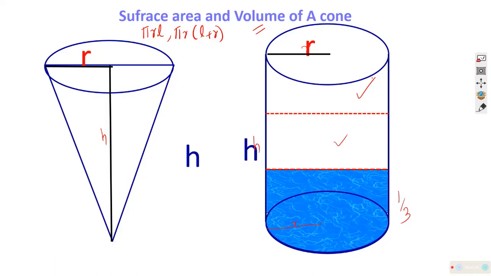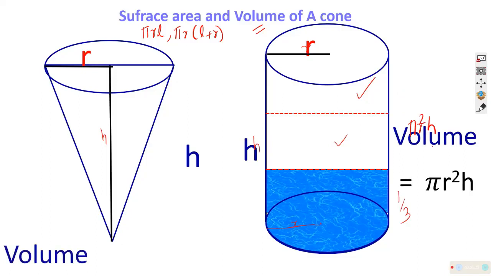From that, we already know the volume of a cylinder is calculated by the formula pi r square h. Alright? So, this will be 1/3 of it. We have to take 1/3 of pi r square h. So, what happened?